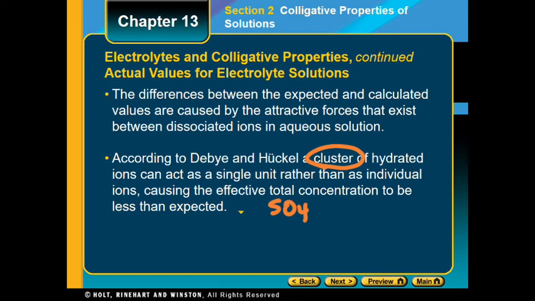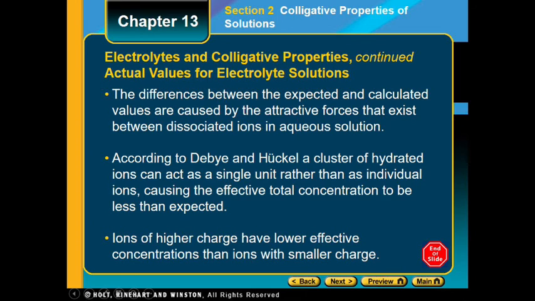So the cluster of hydrated ions can act as a single unit rather than individual, so we leave sulfate intact, causing our effective total concentration to be less than expected. And then this last bullet point, ions of higher charge have lower effective concentrations than ions with a smaller charge.